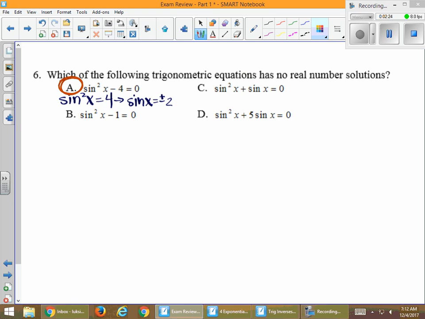But let's look at the rest and make sure that we do have real solutions everywhere else, or at least a real solution everywhere else. There are some problems on the exam that are select all that apply, and there are problems on the ACT that can be written as, which one of these has no real number solutions, and your answer possibilities could be like A and B or A and C. So for part B, we're going to add 1 to the other side.